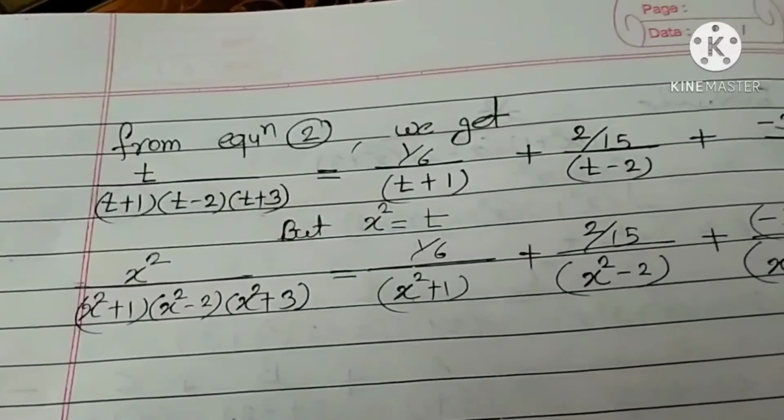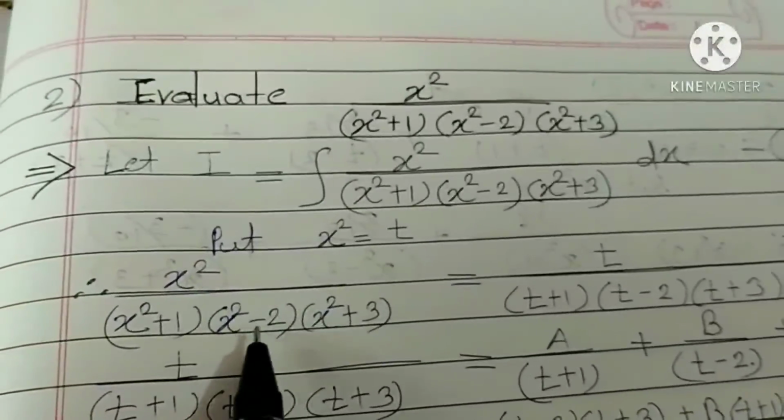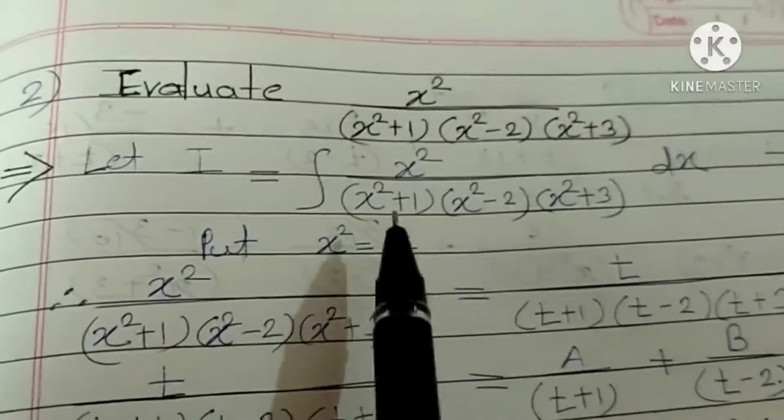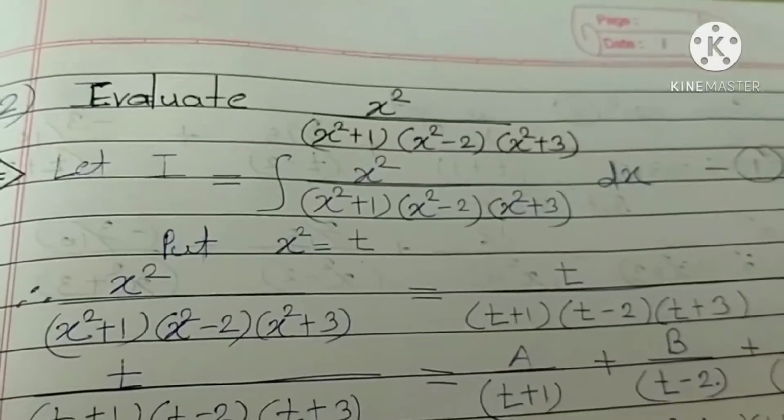But this is ready for integration. Here you can observe that x square plus 1, x square minus 2, x square plus 3 is our problem to find our solution.